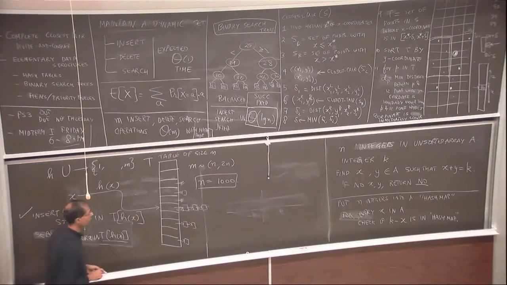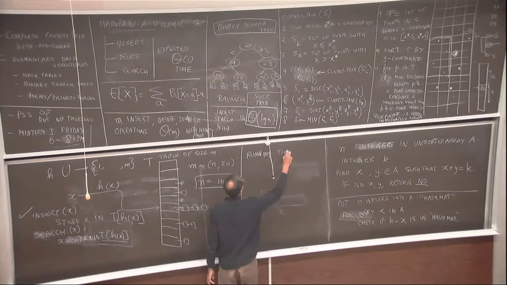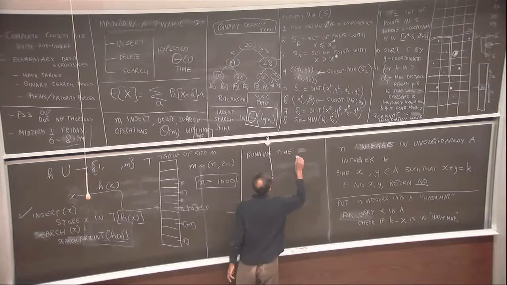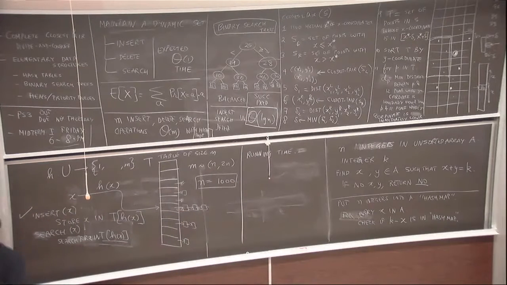Okay, so now let's try to understand what the running time of these operations is. What is the running time for insert, search, and delete? First is the calculation of the hash function, and then after that, going through the linked list.